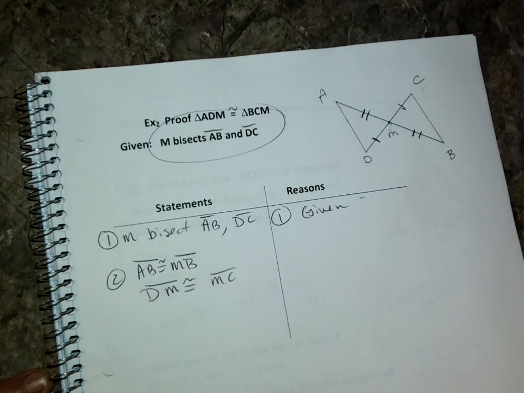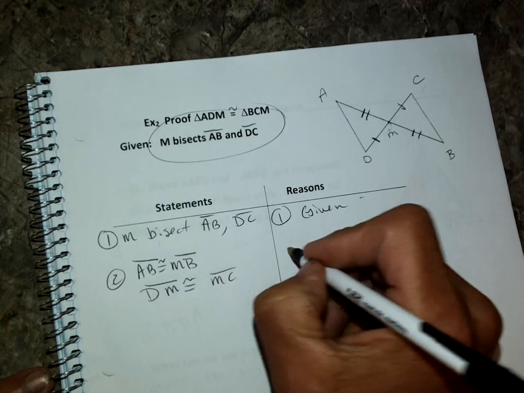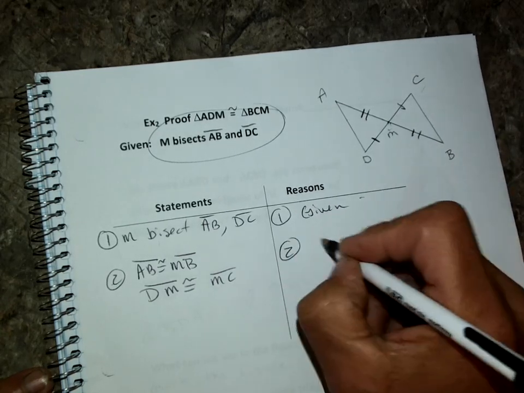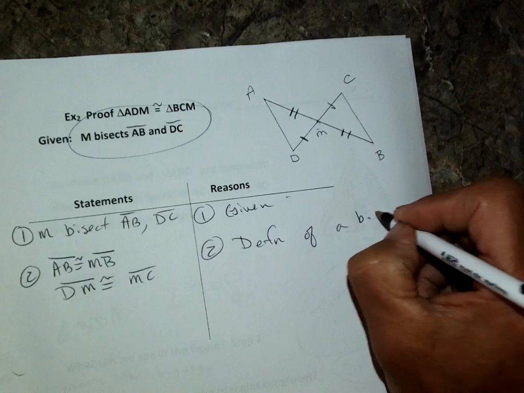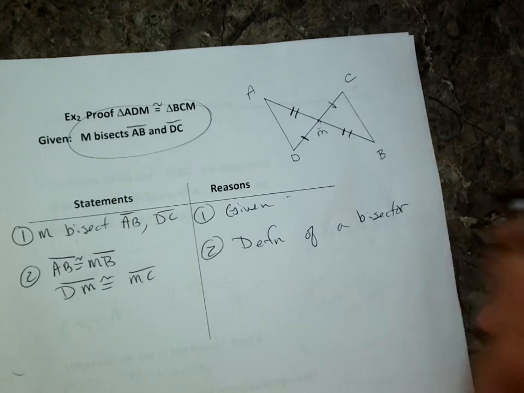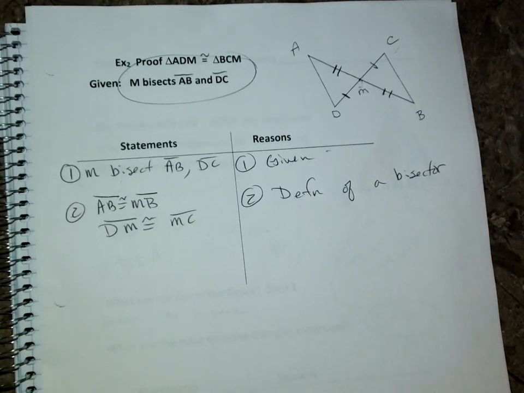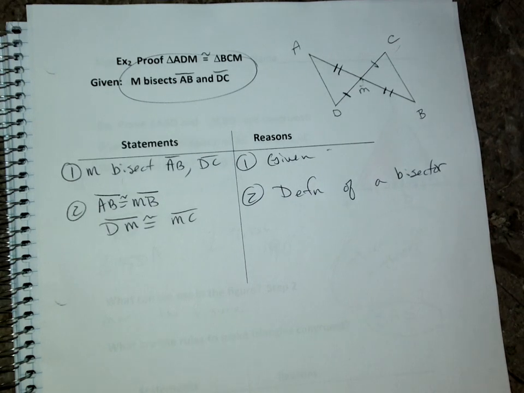Well, because it's bisected, that's obvious. So our reason is because it's bisected. I like to use definition of a bisector is what I'm going to write. Or anything like that. Even if you write just bisector, or if you write just the words, it's bisected. Good enough for me, okay? Use the keywords.